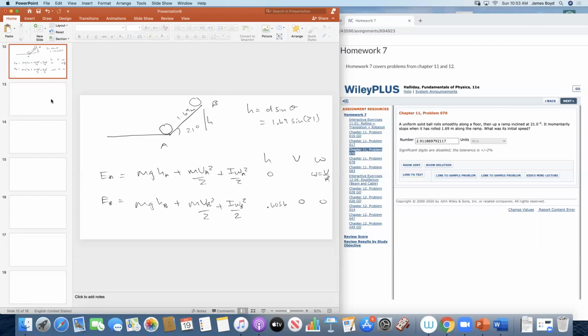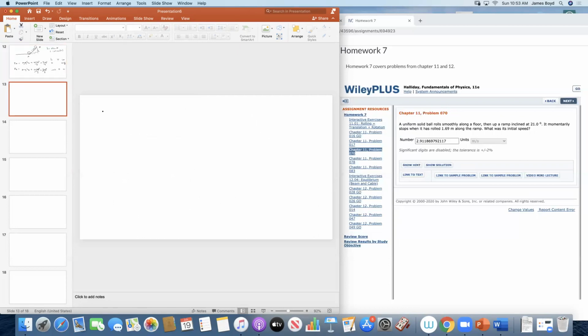What we have to do now is set EA equal to EB, noting that these go away, and I get mg hB is equal to m vA squared over 2 plus I omega A squared over 2. But I can turn this into something different. Omega A is vA over R. I, for a uniform solid ball, is 2/5 MR squared, and you can look that up.